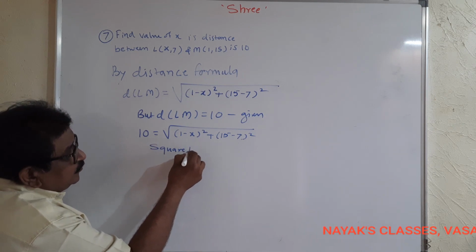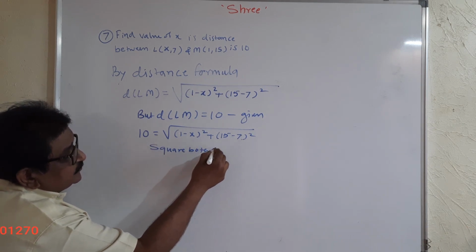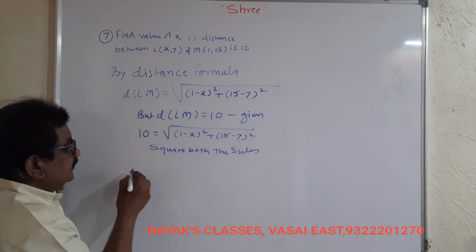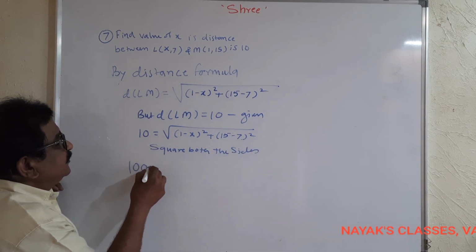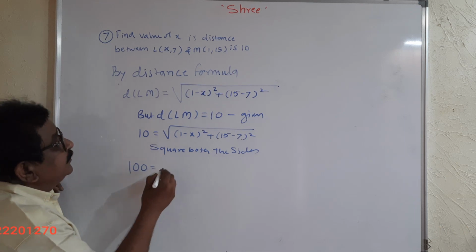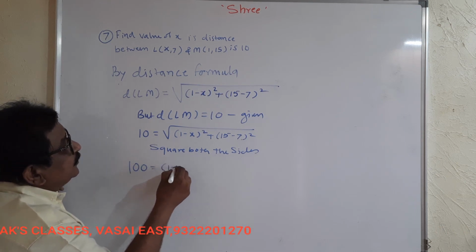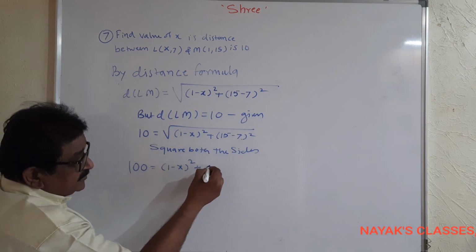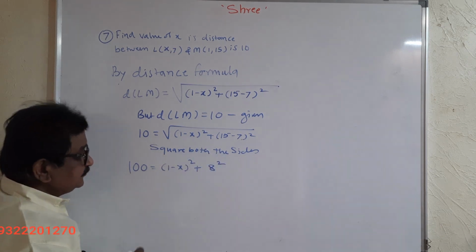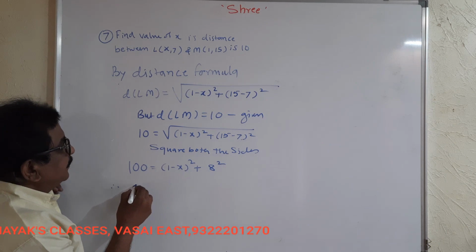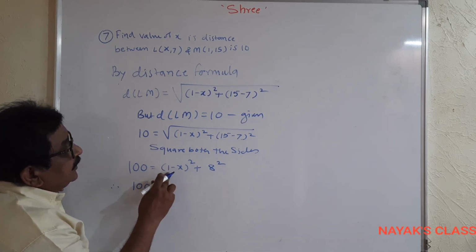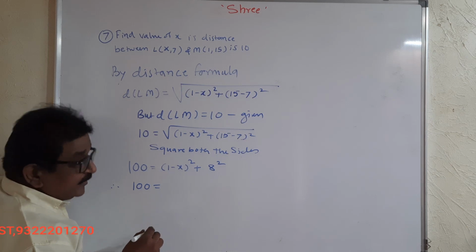Therefore, square both the sides. So 10 square is 100, which is equal to (1 minus x) the whole square plus (15 minus 7, that is 8) square. Therefore 100 is equal to (a minus b) the whole square.